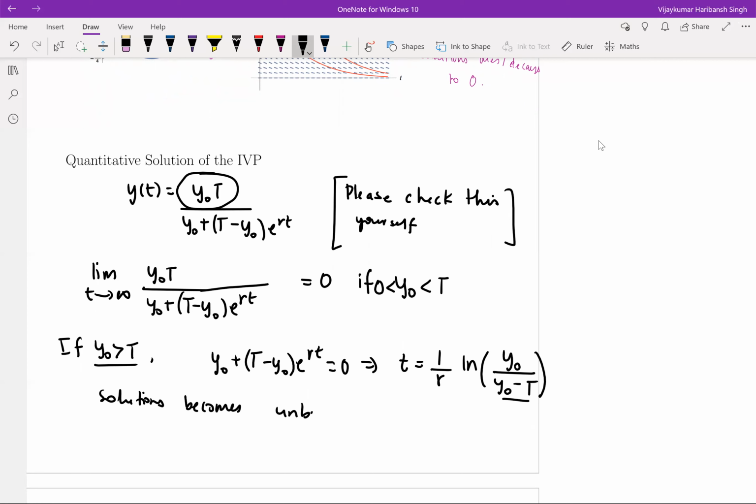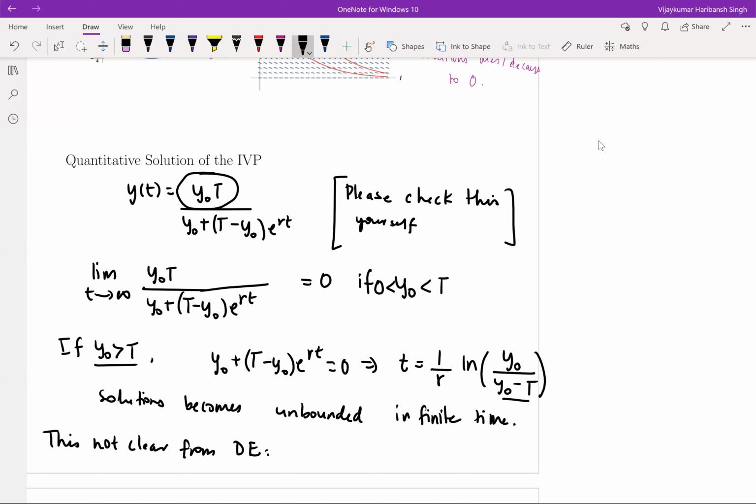unbounded quite quickly. So this is a finite number, so it becomes unbounded in finite time. Note that this was not clear from the DE.